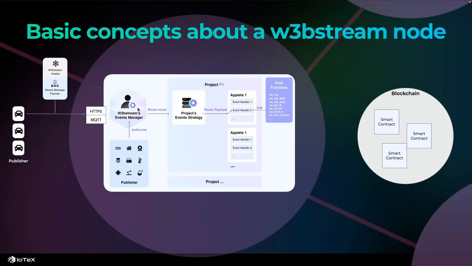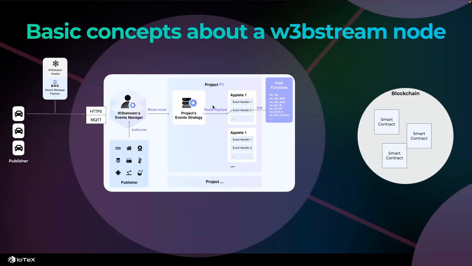And then based on the code of the event, you have an event strategy configured inside your W3bstream node, which is just a set of rules, very simple rules that say if the event code of the message is X, then you run the function Y, right? We call these functions handlers because they handle a specific event code that's included in any message.